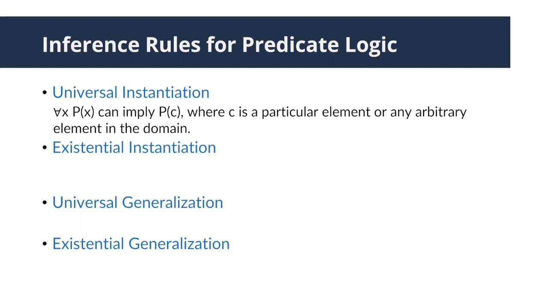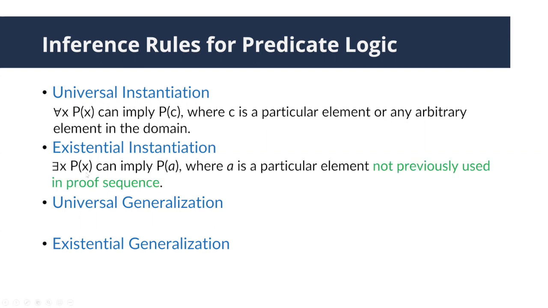The second rule is, there exists x px can imply pa, where a is a particular element not previously used in the proof sequence. How do we understand this rule?